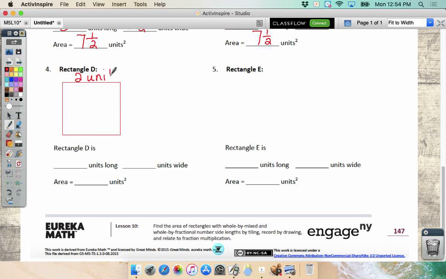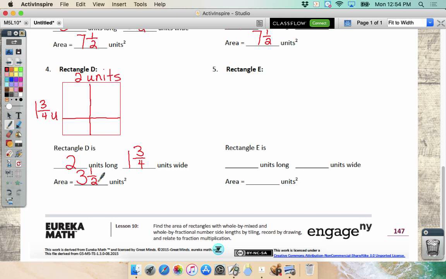So that means split it down the middle here. And 1 and 3/4, so kind of like that. Oh, I forgot units. So we said 2 units times 1 and 3/4 units is 3.5 square units. My rectangle's a little tall, isn't it?